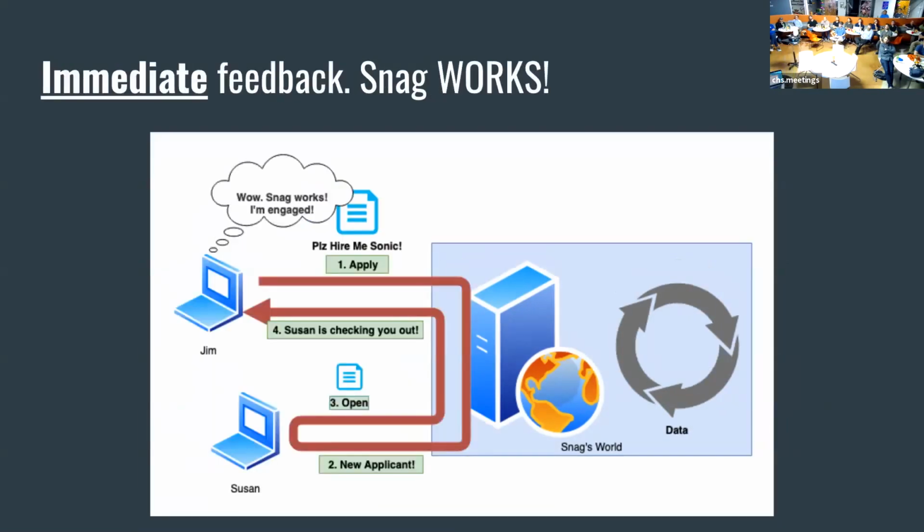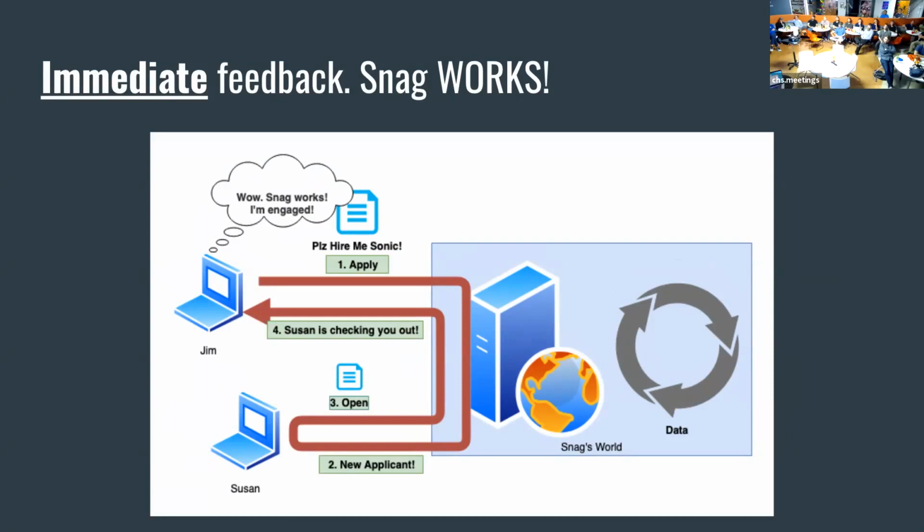And we can create a feedback loop and say, as soon as Susan opens that application on her phone or on her browser or whatever, we can immediately let Jim know, hey, someone's checking you out. Somebody's looking at your application. So he gets that instant feedback to know that Snagajob works and is helping you rather than applying and it going into a black box.